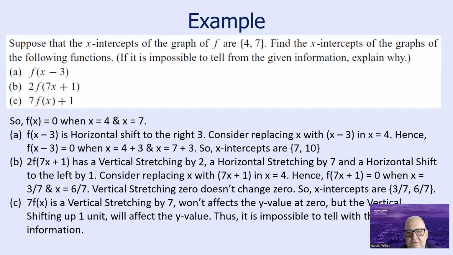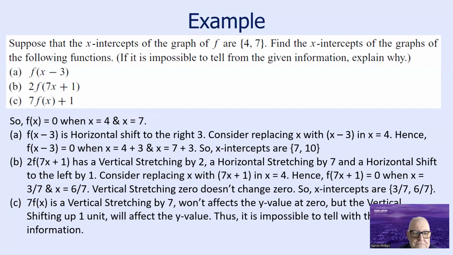So when you replace the 4, you would go 4 plus 3, again, you're solving for x. You're going to get that 4 is equal to 7 and 7 is equal to 10. So you would replace your x-intercept of 4 with 7 and your x-intercept of 7 with 10. You shifted it to the right 3 in each case.